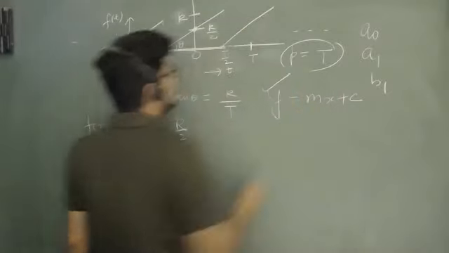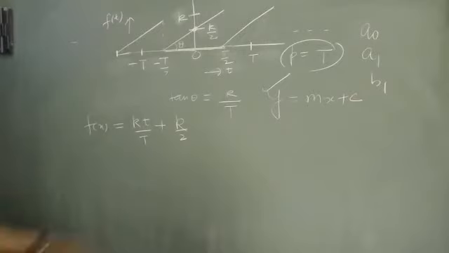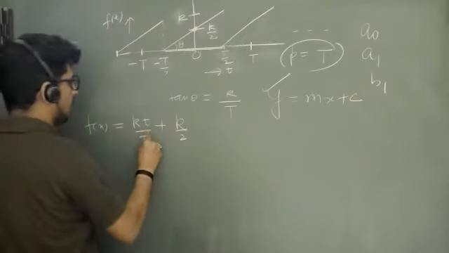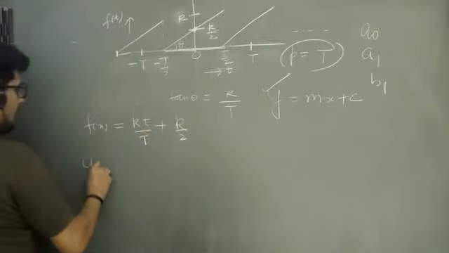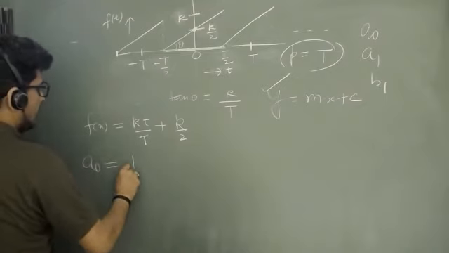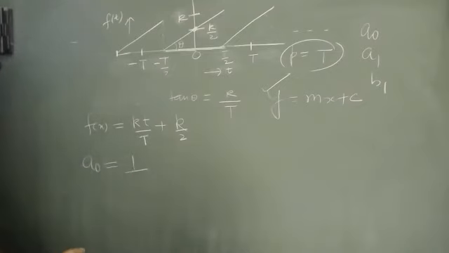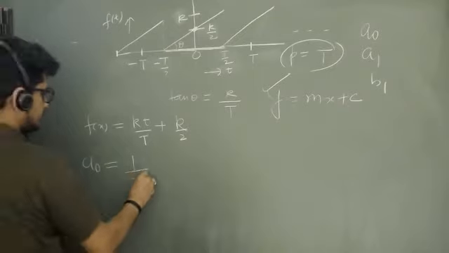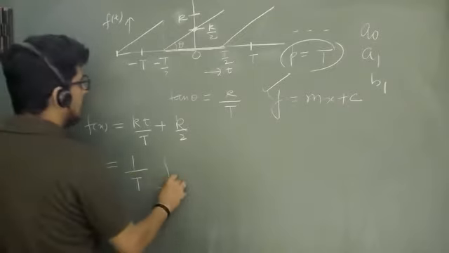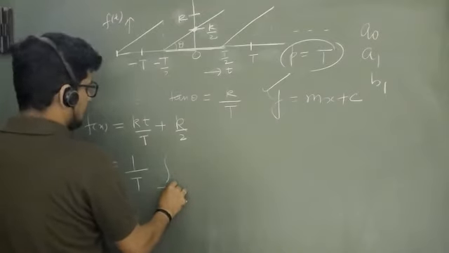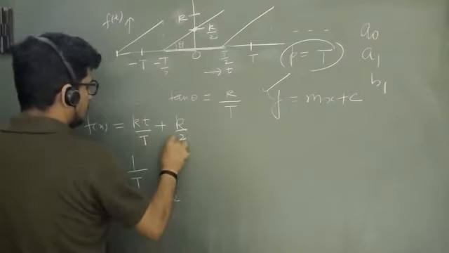This will be very, very important to calculate the functional value quickly. So what is the value of a naught? 1 by L. What is 1 by L? 1 by t, and integral minus t by 2 to t by 2.